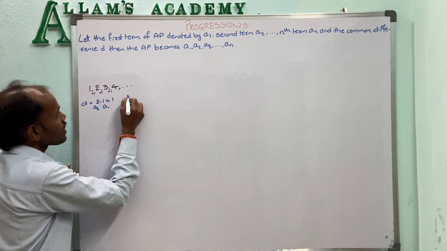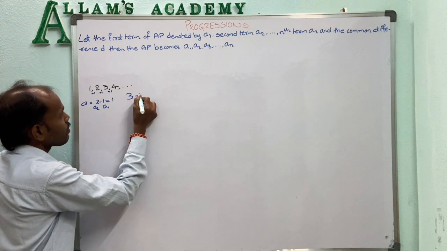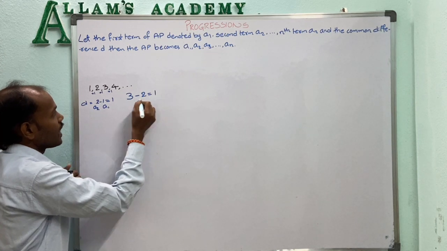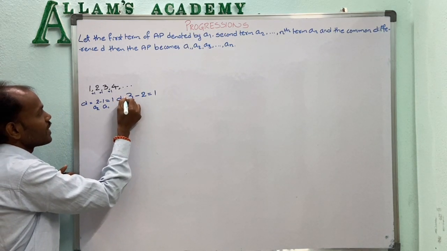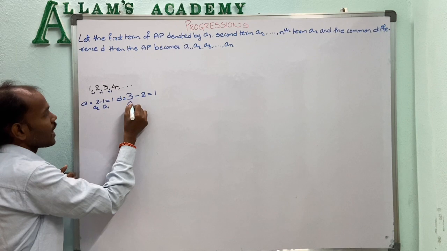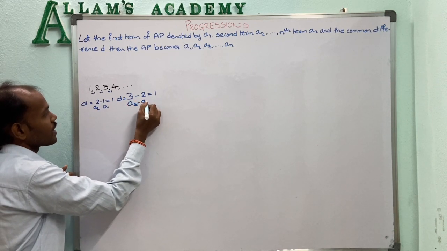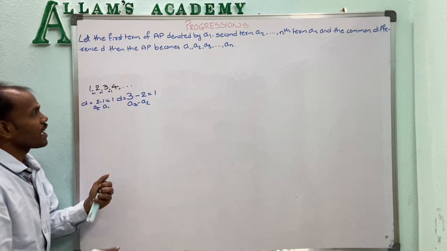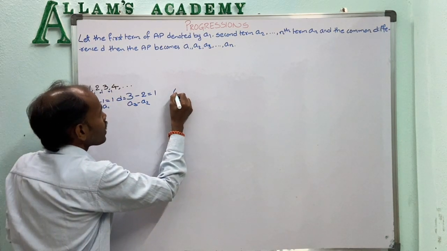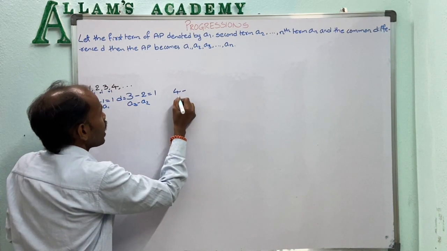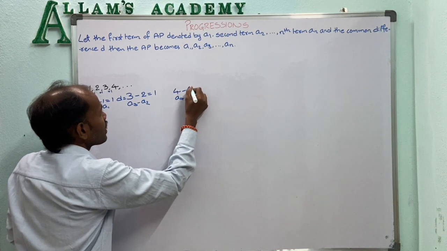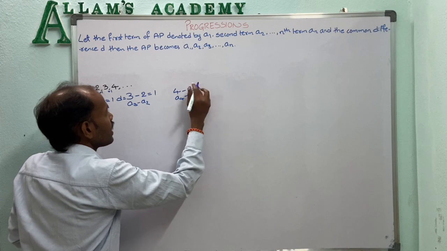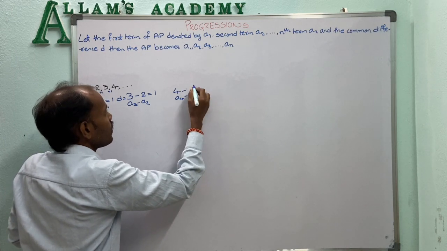Similarly, if we subtract the second term from the third term, that is A3 minus A2, we also get the common difference D. Similarly, if we subtract the third term A3 from the fourth term A4, we get the common difference 1.